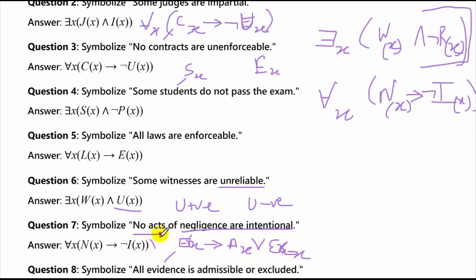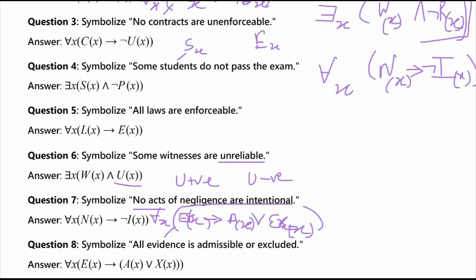For all evidence, if x is evidence, then it implies that x is admissible or x is excluded.